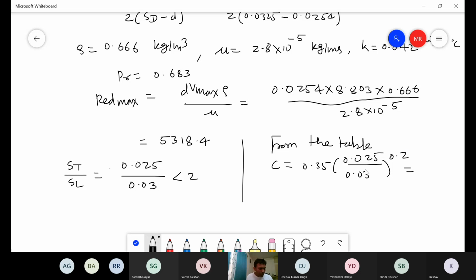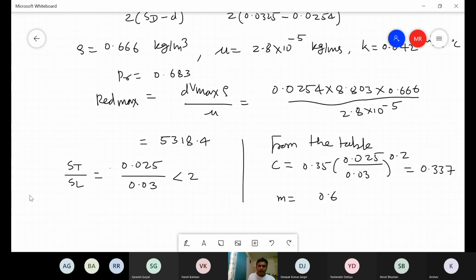So this comes out to be something, and M is given as 0.6. Okay, so find out C. So constant C in this case comes out to be 0.337. Is it correct?